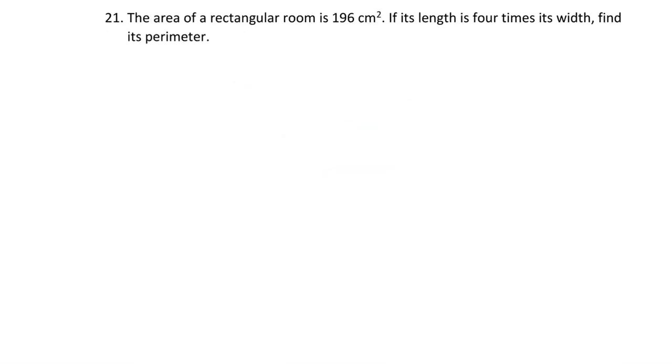Question number 21. The area of a rectangular room is 196 centimeters squared. If its length is 4 times its width, find its perimeter. Let us first find the length L and the width W of the rectangle. We know that the area of a rectangle is given by length times width.